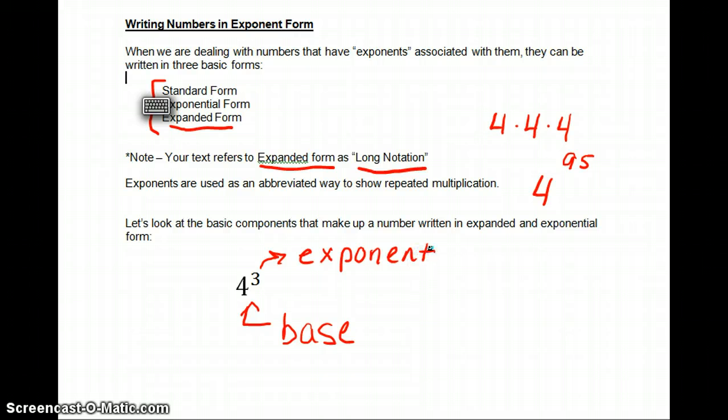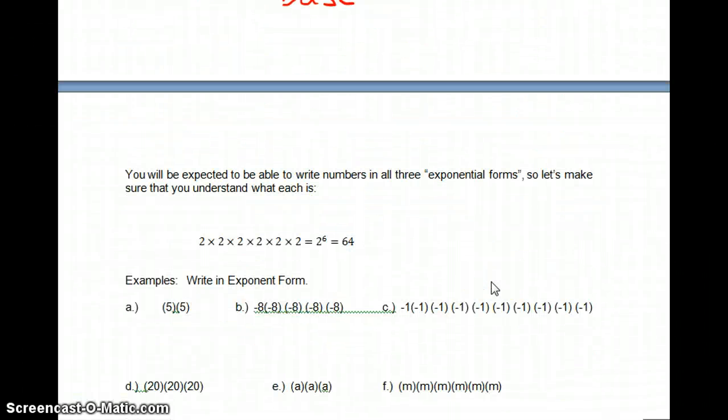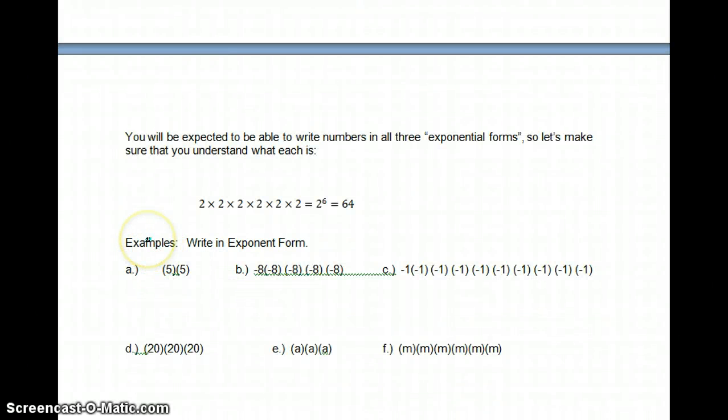Please make sure that you know what those words mean so that if we're referring to the base, you know which number I'm talking about, and if we're referring to the exponent, you know what we're talking about there as well. Now, you will be expected to be able to write numbers in all 3 of the exponential forms. So let's make sure that you understand what each form is.